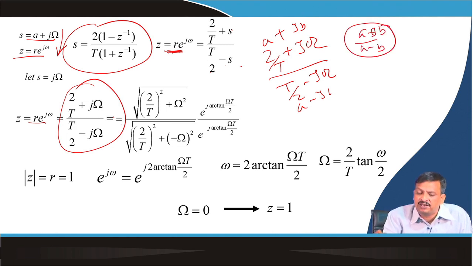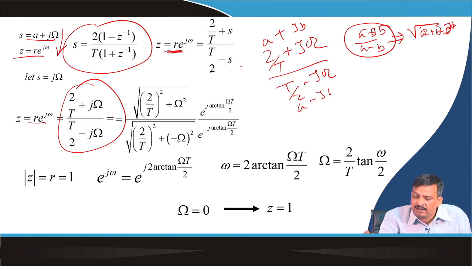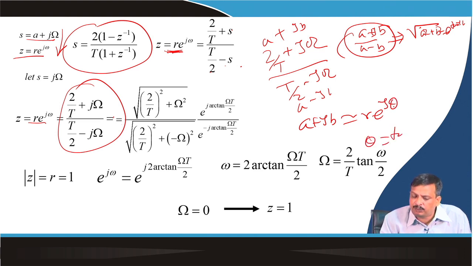If I want to write it in polar form, the amplitude is square root of a square plus b square, e to the power j tan inverse b by a. So a plus jb I can write in terms of r e to the power j theta. Here theta is equal to tan inverse b by a, and r is the magnitude, root over a square plus b square.